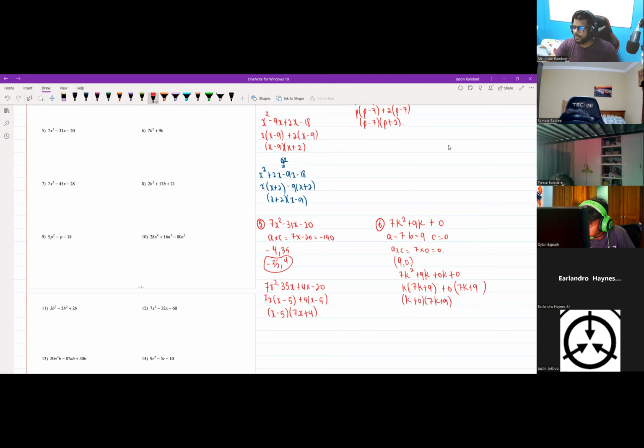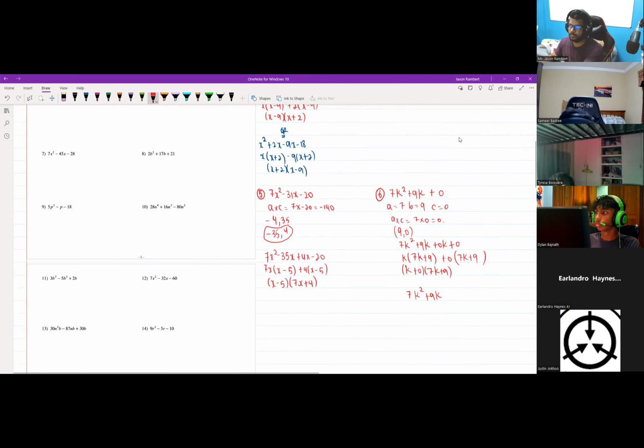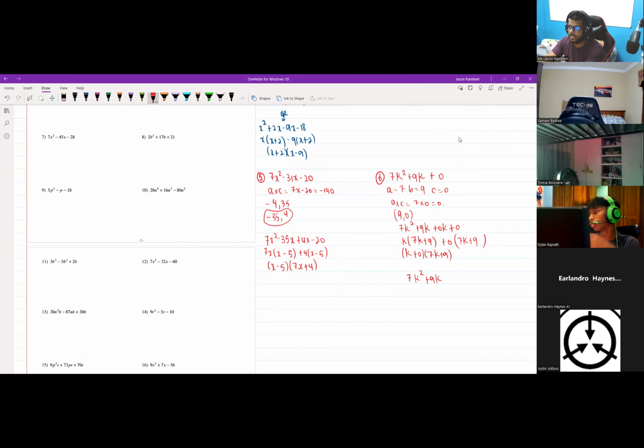Shortcut. Whenever you have a quadratic and it does not have the value of c, meaning c is equal to 0, you could factorize it normally. Remember when we did normal factorization? I could factorize this normally as long as there's no c. Factorizing this normally, k is common in both terms, and I remain with 7k plus 9.